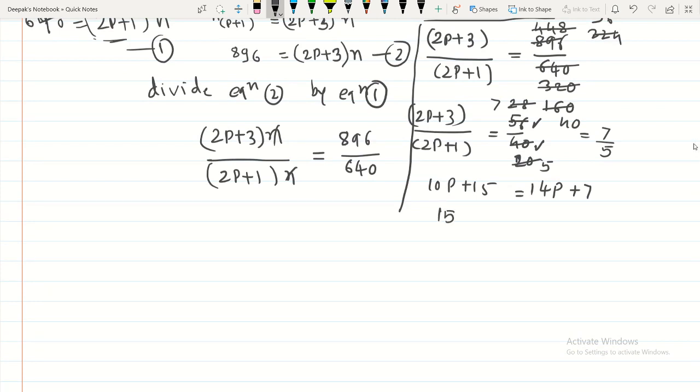Taking this plus 7 to this side, it will become minus 7. The 14p will remain as it is, then 10p it will become minus 10p, right? So 15 minus 7, that is 8, will remain over there, equal to 4p. So p will be equal to 8 by 4, that is 2. So we got the value of p equal to 2, right?